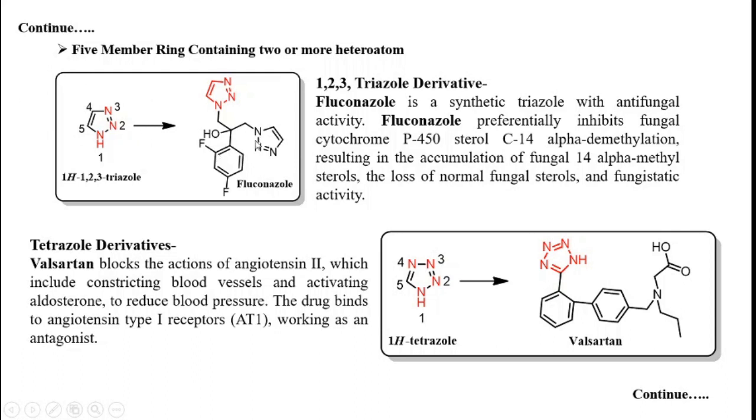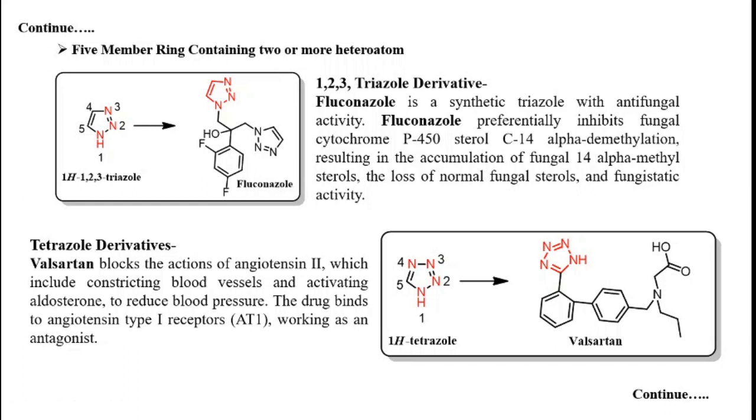The best example of triazole is fluconazole. It is a derivative of triazole. Fluconazole is a synthetic triazole with antifungal activity, so this is the best drug for antifungal activity. Then the next one is tetrazole.